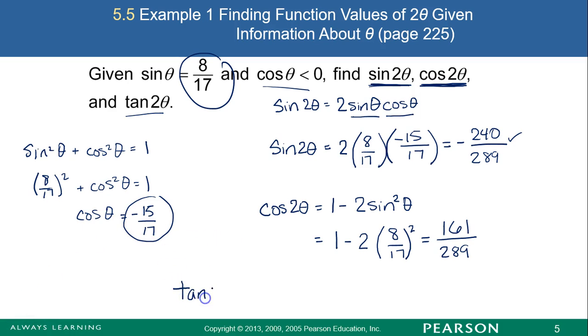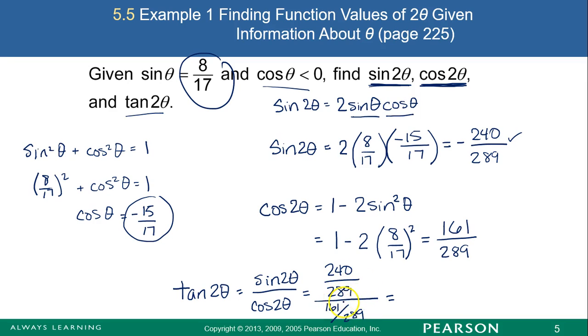So tangent of 2 theta is equal to sine of 2 theta over cosine of 2 theta, which is 240 over 289, I'm running out of room here, sorry, I'm gonna write this smaller, 161 over 289.